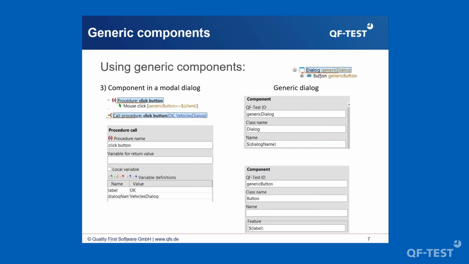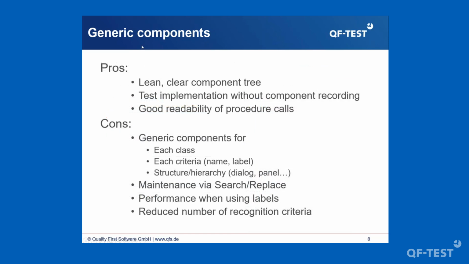You're referencing the generic button here, but you have to provide two variables, one for the dialog, one for the button. So that's what the call will look like and how it's implemented. The good thing about the generic components is that you get a very lean component tree.